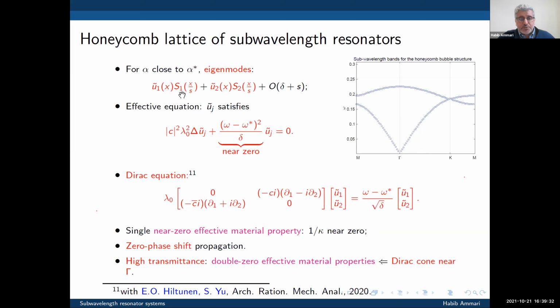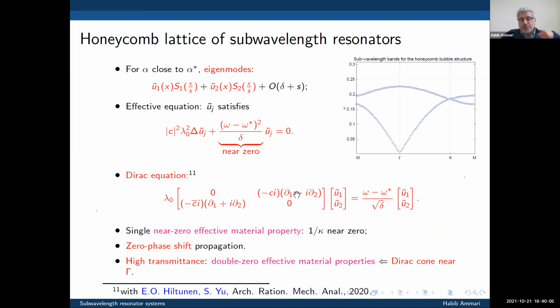It's the sum of these two, each of them some envelope satisfying an effective, homogenized equation like this, times something which is oscillating. In the case of a square crystal with one resonator, we get only one of these two. When we have a dimer in this honeycomb structure, we have a sum of these two, and each of them satisfies this effective equation. If you consider the vector u1 tilde and u2 tilde, the envelopes, they satisfy the Dirac equation.